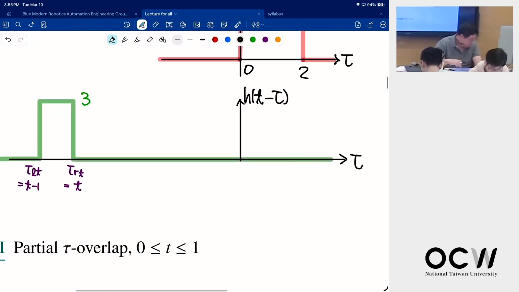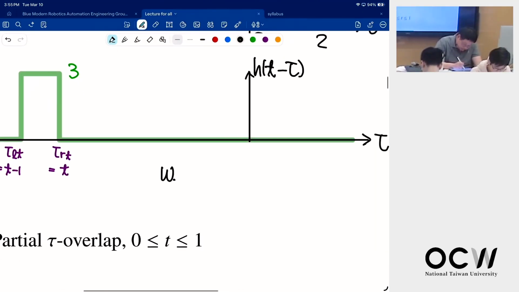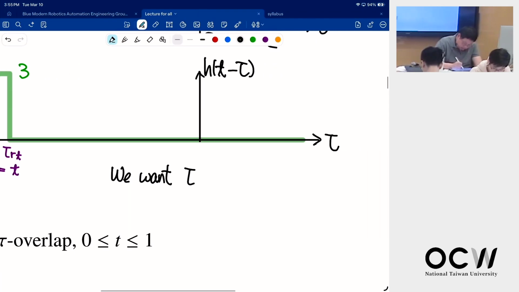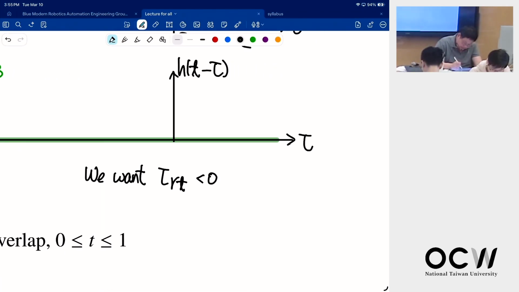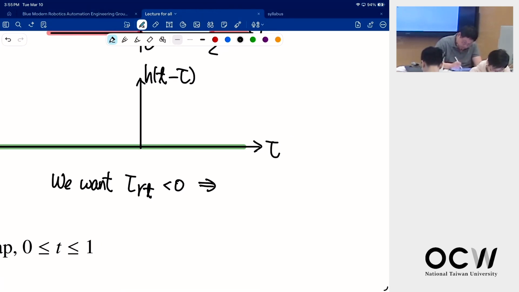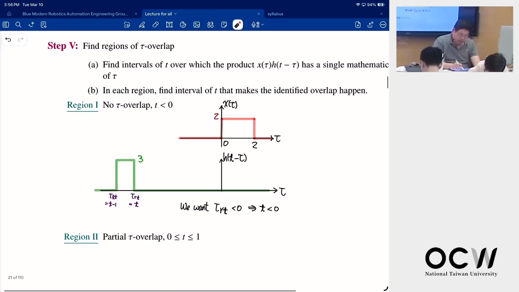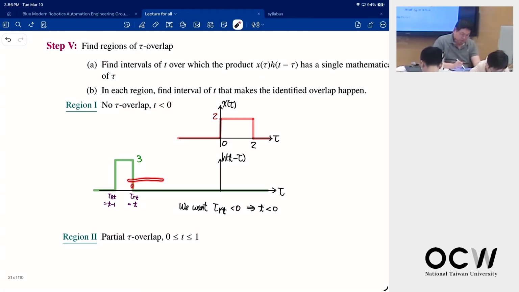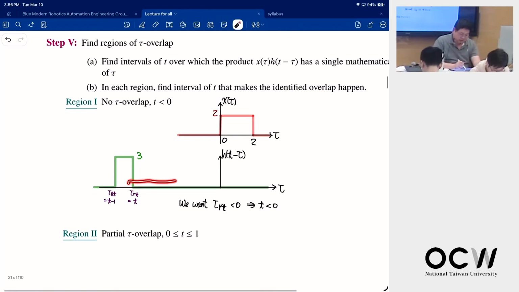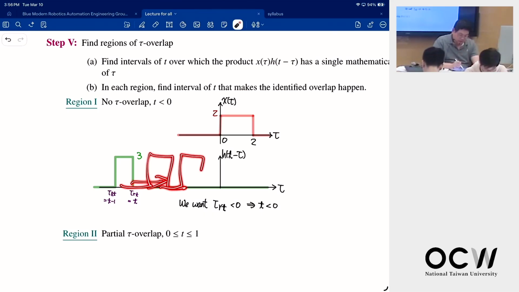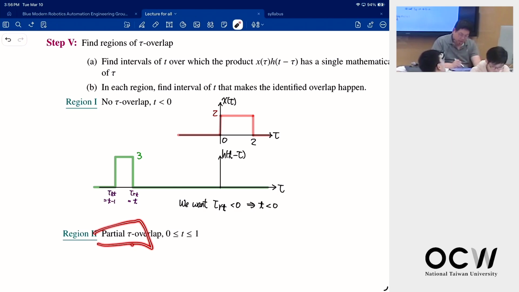We don't want the overlap, so we want tau right t less than 0, so your t is less than 0. Then they just flip and go to the right, and keep going to the right, and finally we have a partial tau overlap.